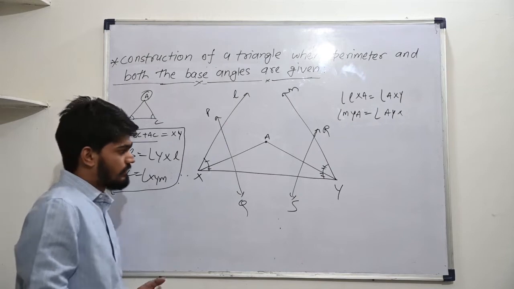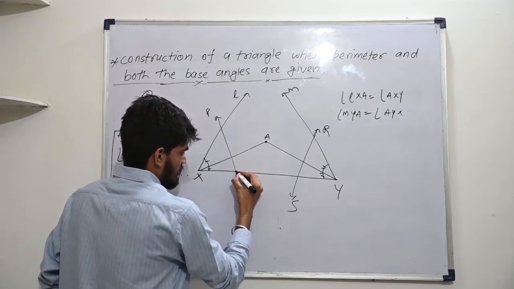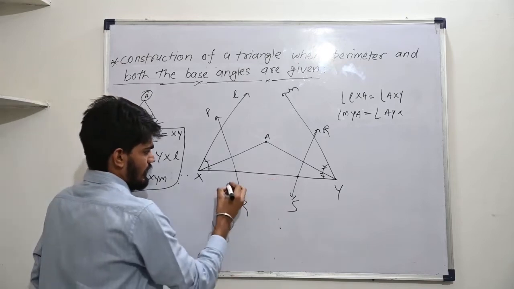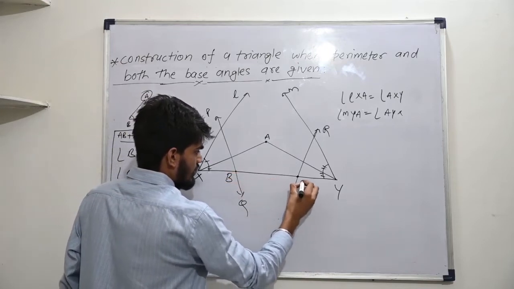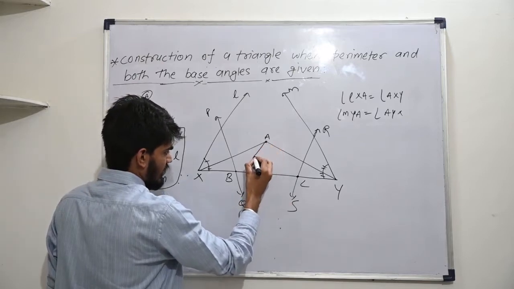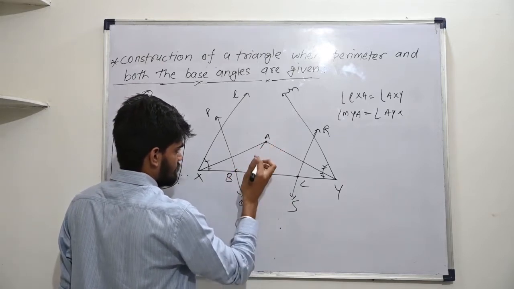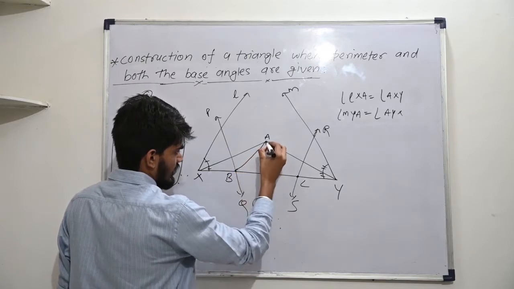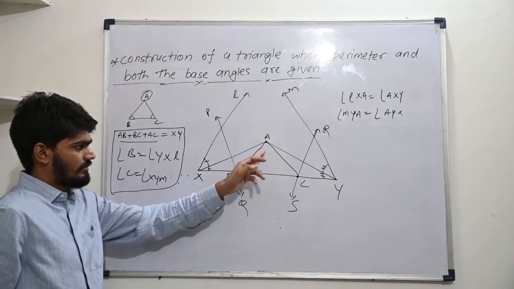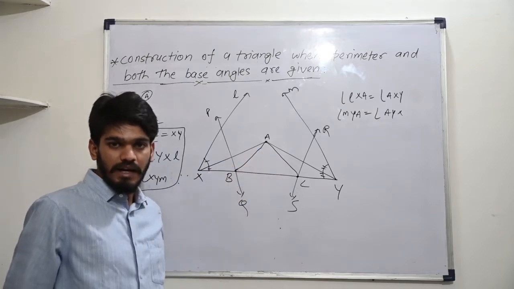Now students, the points where they cut the baseline are the required other 2 points B and C. Join them with A and you get the triangle. This ABC is our required triangle.